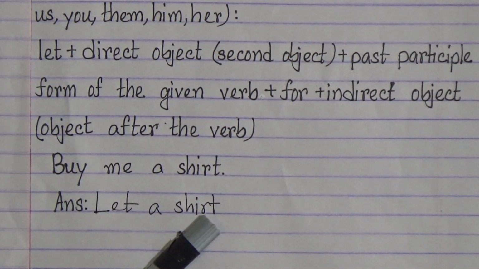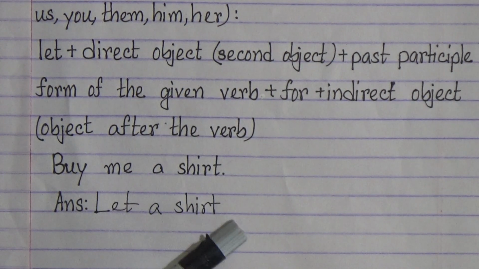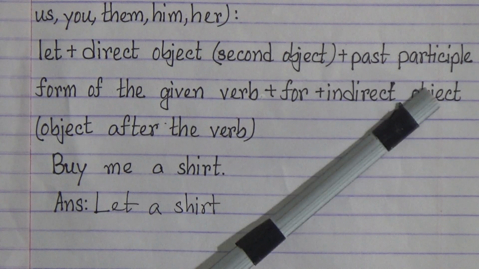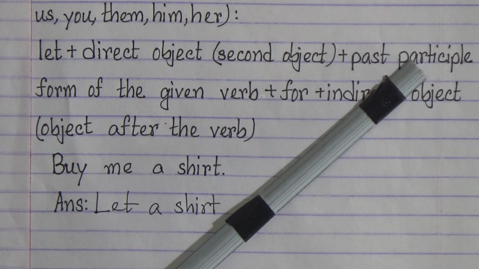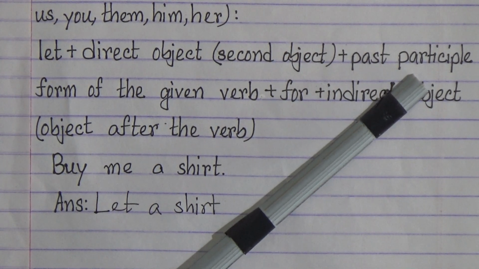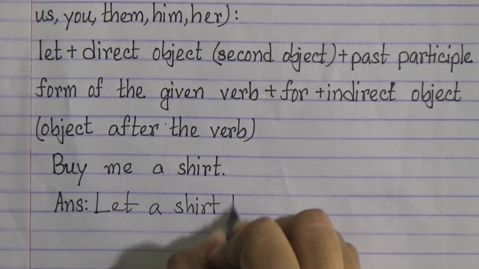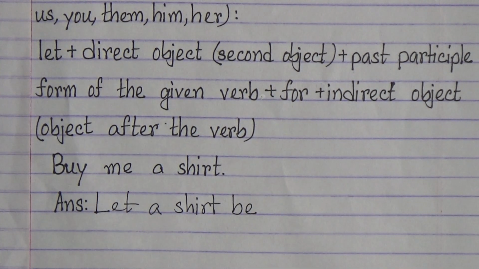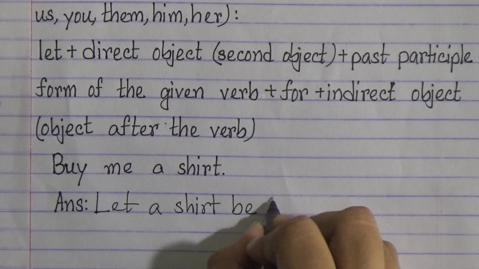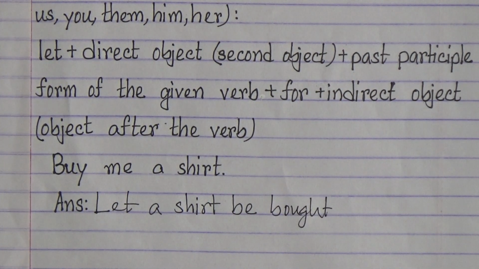Let a shirt, then you will write be. Now look, direct object, then the past participle form of the given verb, and we will write here be. Let a shirt be, then it will be bought, B-O-U-G-H-T. Let a shirt be bought.